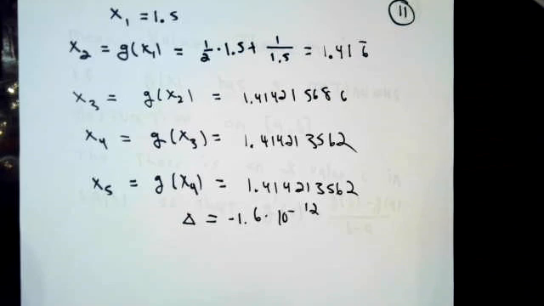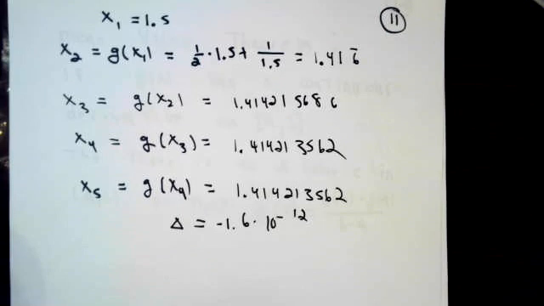On my calculator, I saved x4 into the x register and then used it to calculate x5. Visually, x5 and x4 are identical to each other, but if I subtract one of them from the other as stored in my calculator, I find out they differ by about 1.6 times 10 to the negative 12 power.